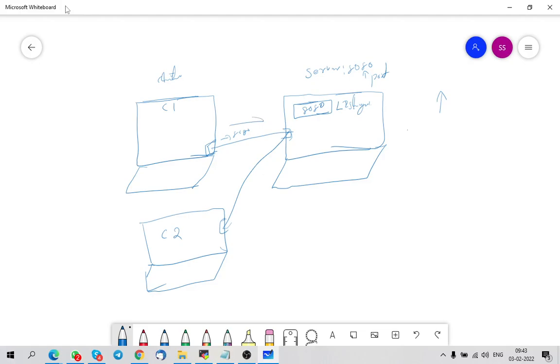Here there will be a socket created, called socket 1, and here another socket, socket 2. A unique socket ID will be given. S1 will have a socket ID, I think a 16-digit or so, one long number. Similarly there will be a socket ID for the second socket. Like that, multiple sockets will be created depending on the number of clients, and the communication will happen.